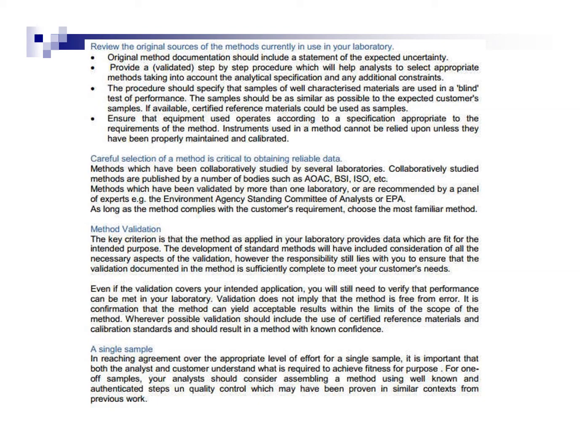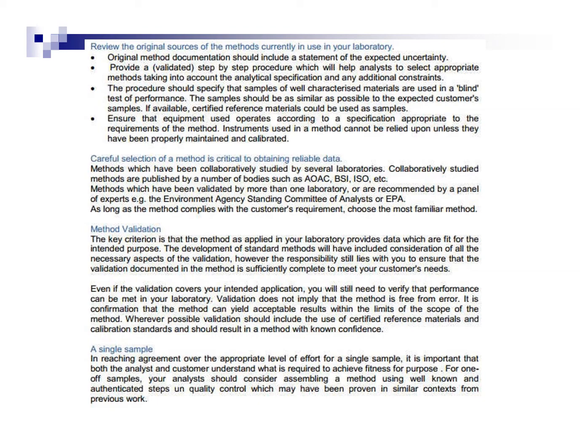When we talk about the method, the equipment as well should be equipment meant for that purpose. The equipment should operate according to the specification, to the requirement of the method, and the instruments used in a method cannot be relied upon unless they have been properly maintained and calibrated.